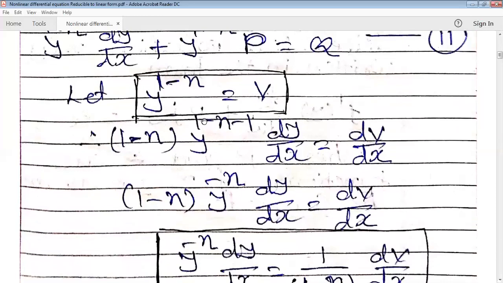Simplifying, we get 1 minus n into y raised to minus n dy by dx is equal to dv by dx.